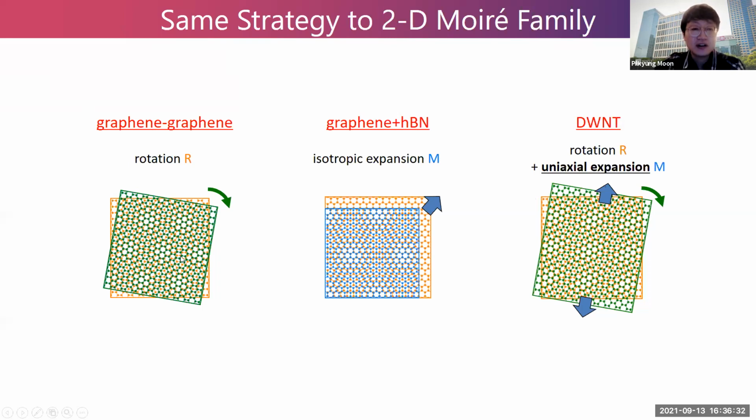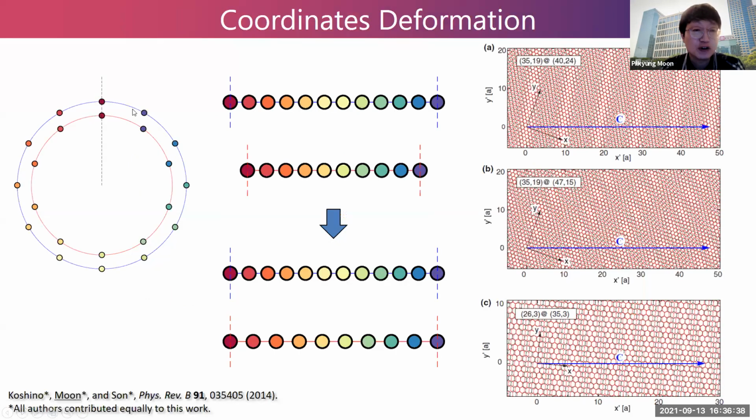Here I plot the cross-section of nanotubes, and it shows the atomic positions of the inner and outer tube. Since the dimensions of the inner and outer tube are different, but they must match when they return to the origin, it works as if the system is dilated.